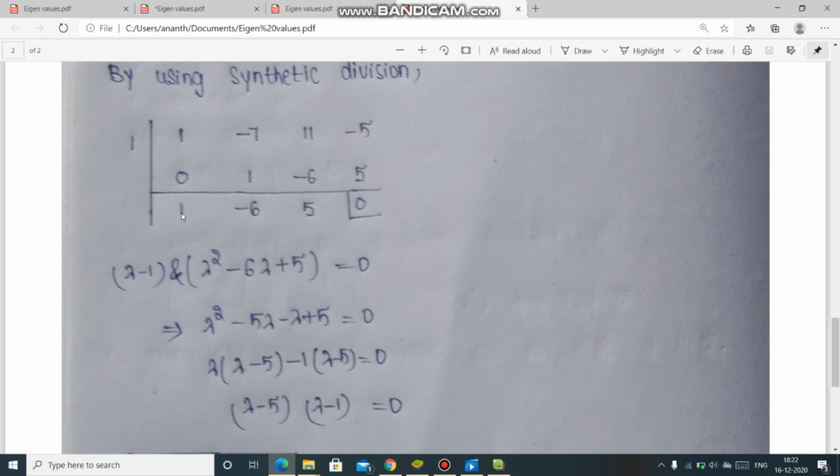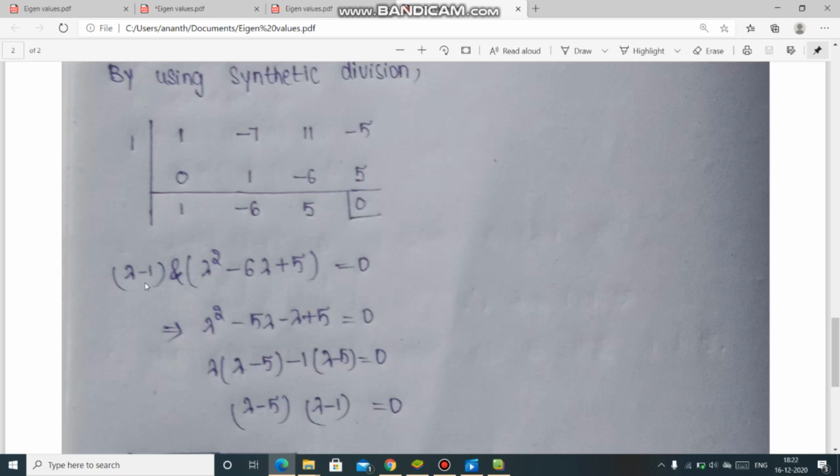So we get 1, then 1 into 1 is 1, minus 7 plus 1 is minus 6, 1 into minus 6 is minus 6, 11 minus 6 is 5, 1 into 5 is 5, and the remainder is 0.